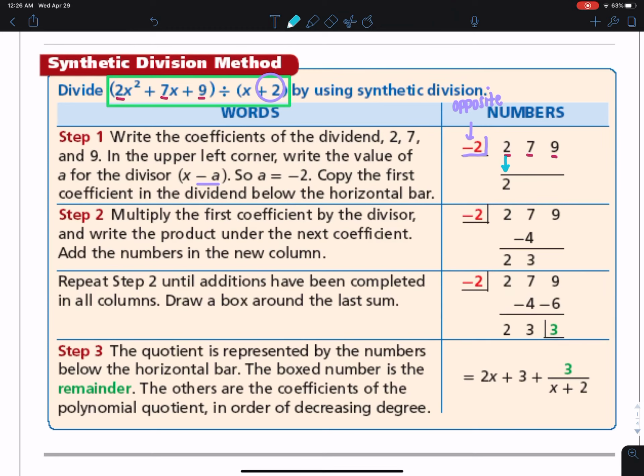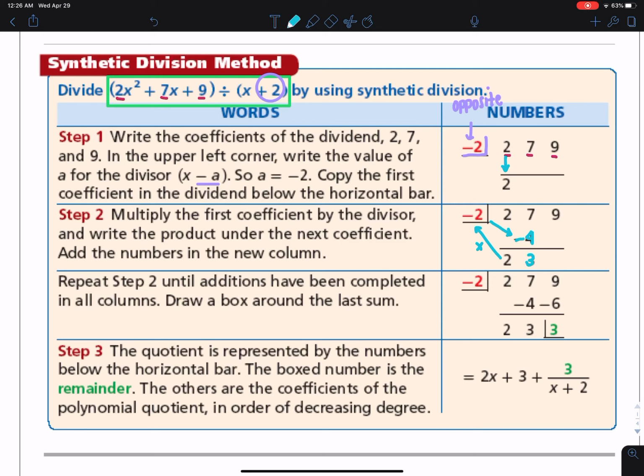And then we're going to start by bringing the first number down. The very first number from our dividend you always bring down. And then this is going to be multiplying and adding. So you multiply this number by negative 2, which goes underneath our next term. So then we have negative 4, and then we add together. So 7 plus negative 4 is going to give us 3.